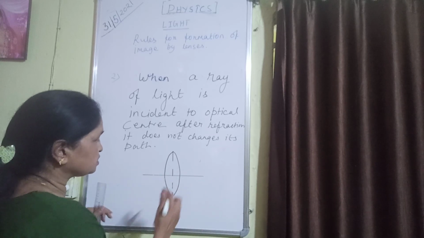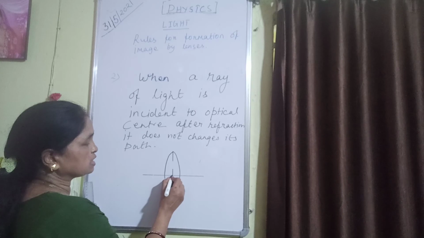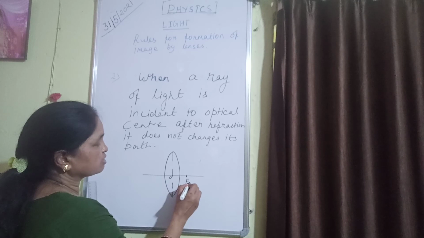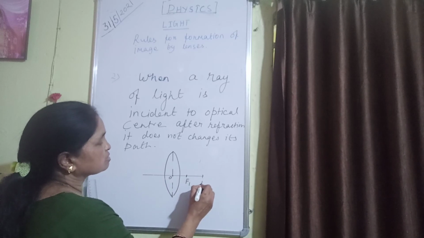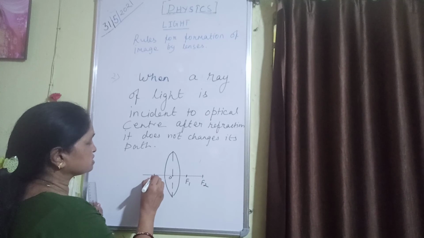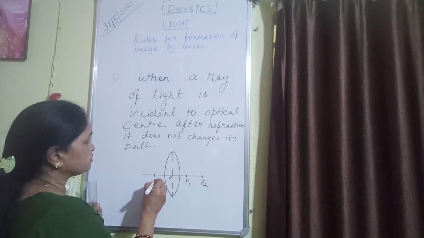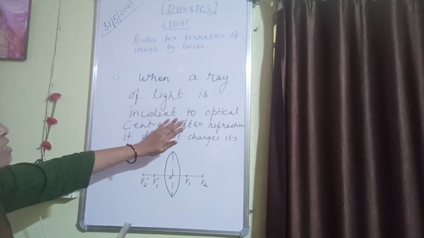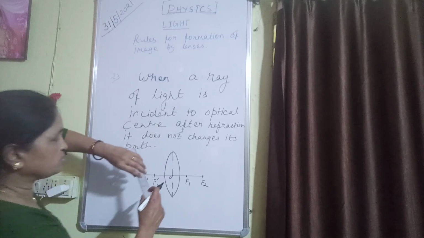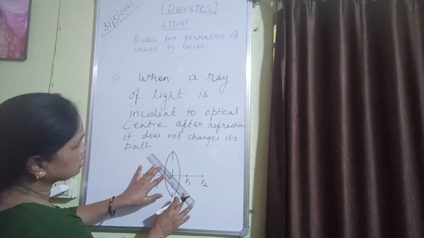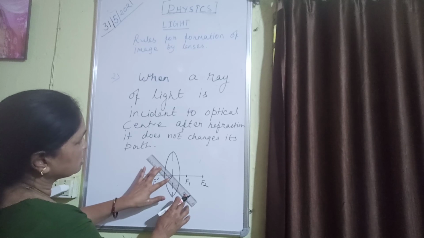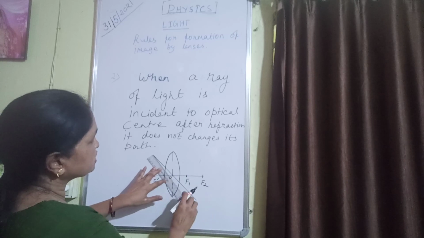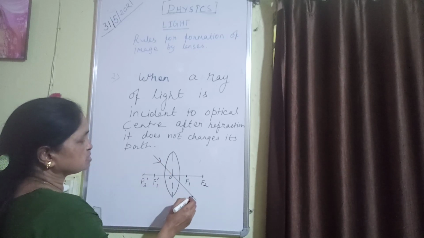Now again, same thing: from the optical center, which is the center point of the lens, to the focus, whatever distance you take, F1, the same from focus to center of curvature, and on the back side also take the same distance, F1 dash and F2 dash. The rule says the ray is incident to the optical center. That means any ray which passes through the optical center, after refraction, does not change its path. It is the easiest one. After refraction, it does not change its path.